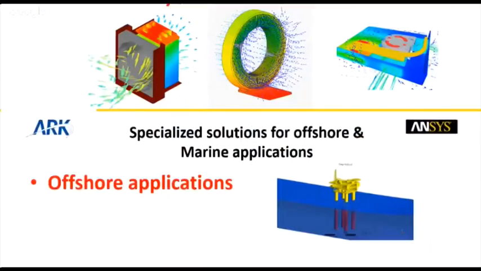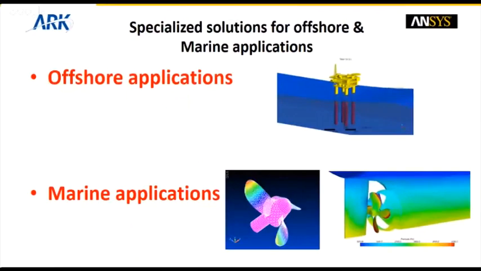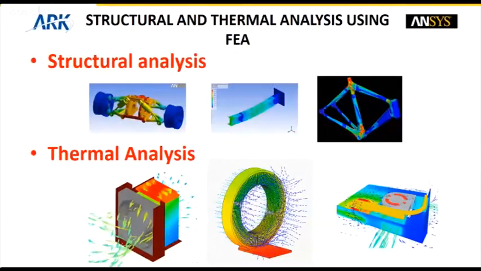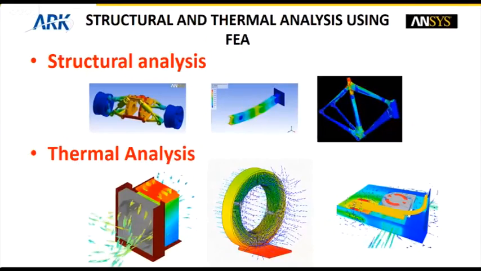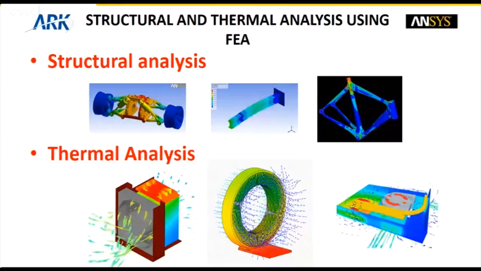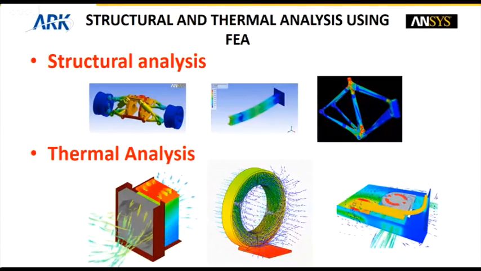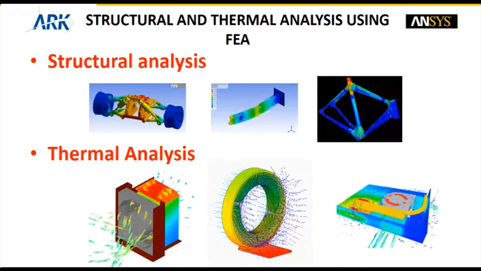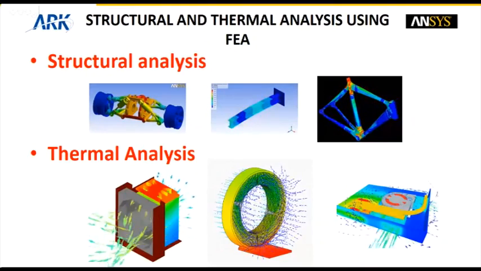So I will quickly show what the different capabilities of ANSYS are where you can use your optimization techniques. In structural analysis, as I said, you can do linear as well as non-linear analysis, as well as see failure criteria like creep and fatigue.